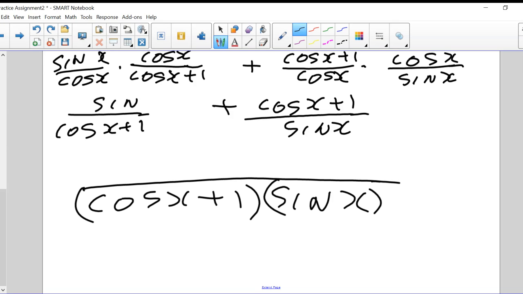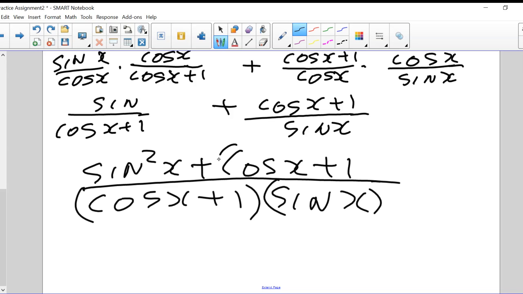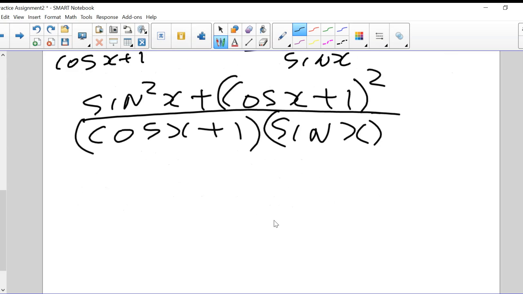And then on top, hopefully everybody understands this, we're going to have sine times sine, which is sine squared x, plus cos x plus 1 all squared. We're going to square that up. I'm going to go a little bit faster now. So this is sine squared x plus, I have to expand this.